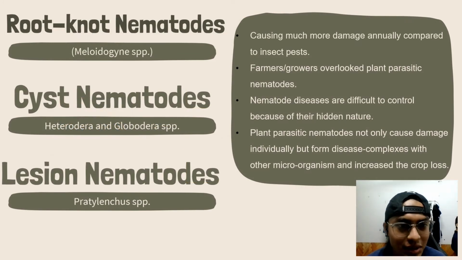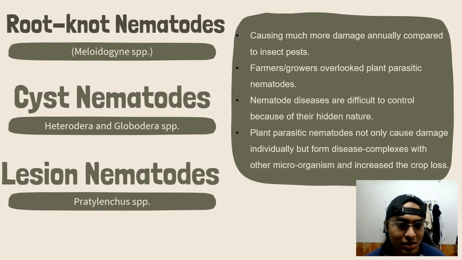Plant parasitic nematodes are costly burdens of crop production. Ever present in nature, phytoparasitic nematodes are associated with nearly every important agricultural crop and represent a significant constraint on global food security. According to an estimate, plant parasitic nematodes cause much more damage annually compared to insect pests.